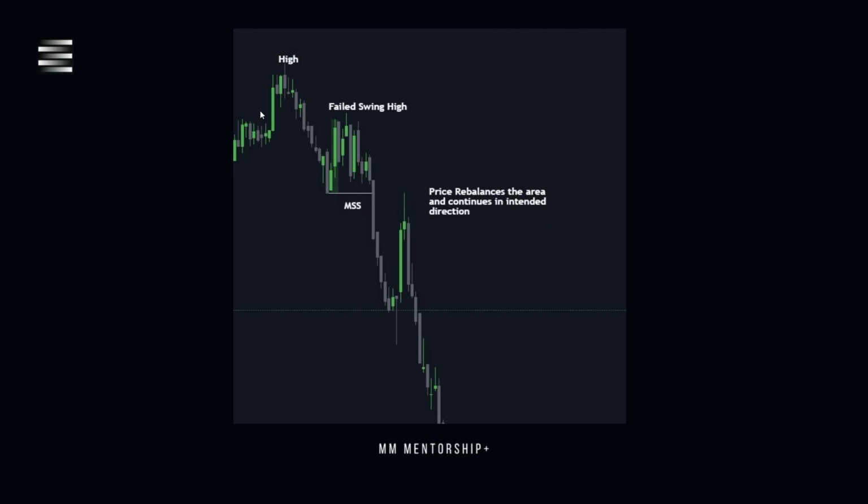A real world example would be, so this is a high, here we have a low, we have a little bit of consolidation here, but this is a failed swing high, and then we break lower, right? So before this would have been an uptrend. We have this break lower, market structure shift. This candle breaks that, right? We then come back up, retrace.